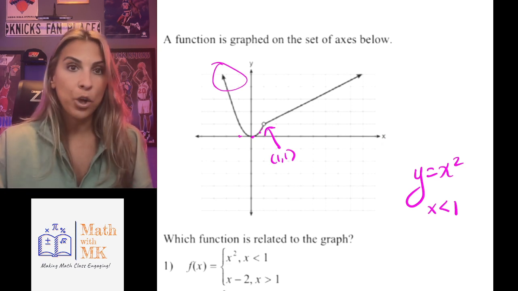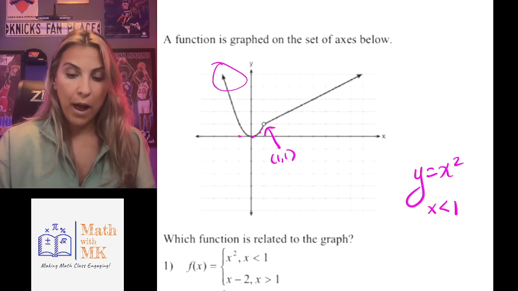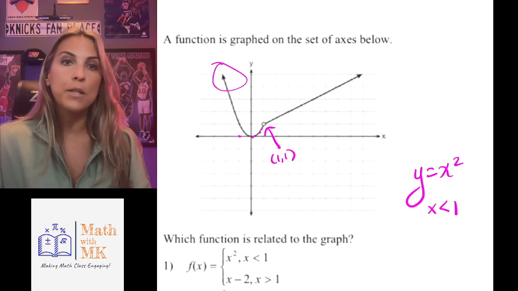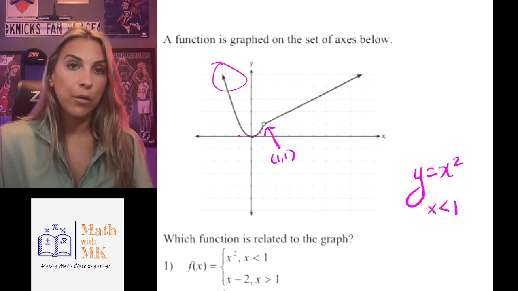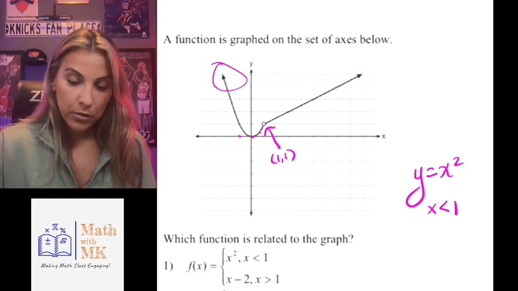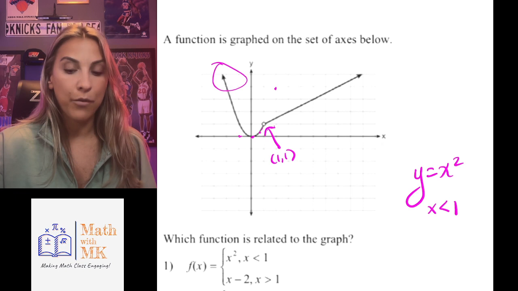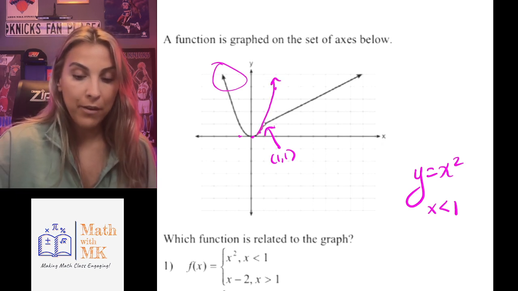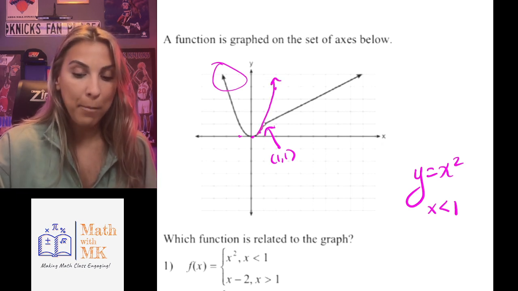But that doesn't happen going to the right of 1. If I were to use y equals x squared and substitute an x value of 2, I would get (2, 4). But (2, 4) is not on this graph, right? (2, 4) would have been part of it if I extended that parabola up, but I don't. That parabola stops at (1, 1).